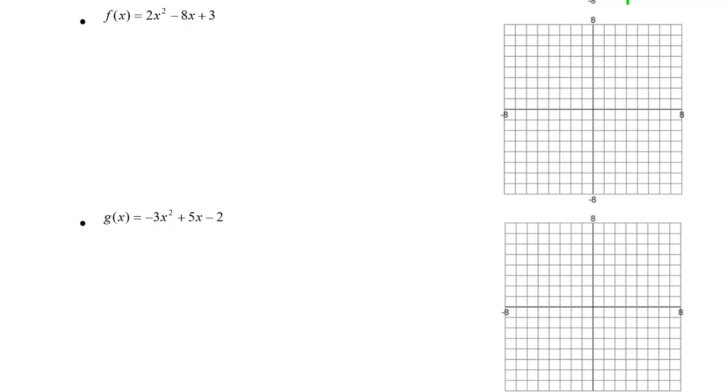In this next exercise, we have f of x equals 2x squared minus 8x plus 3. We will rewrite this where I group the terms with x separate from the constant term 3. Then I will factor out the 2.